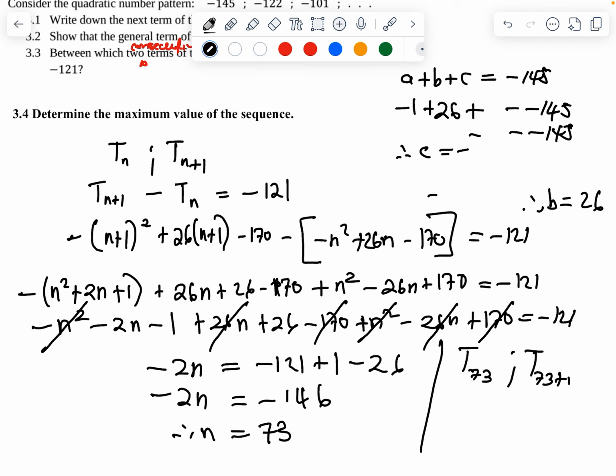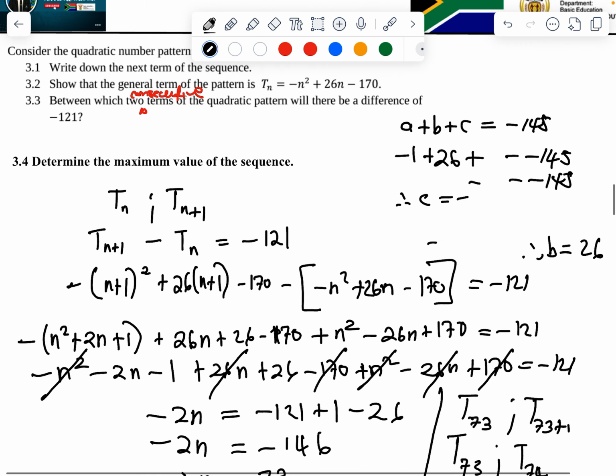So when you subtract term number 73 and term number 74, you will get a difference of minus 121.